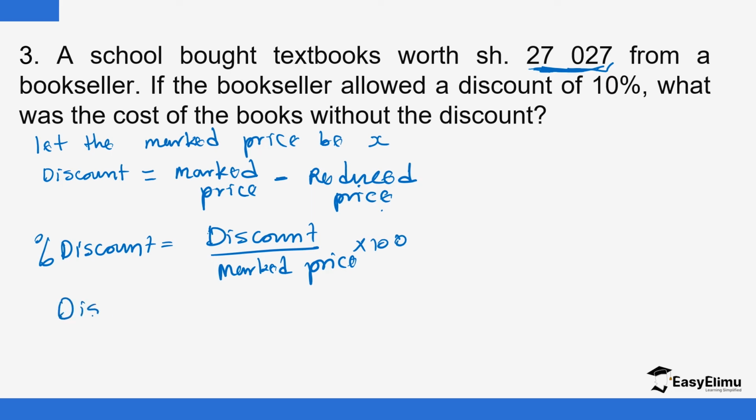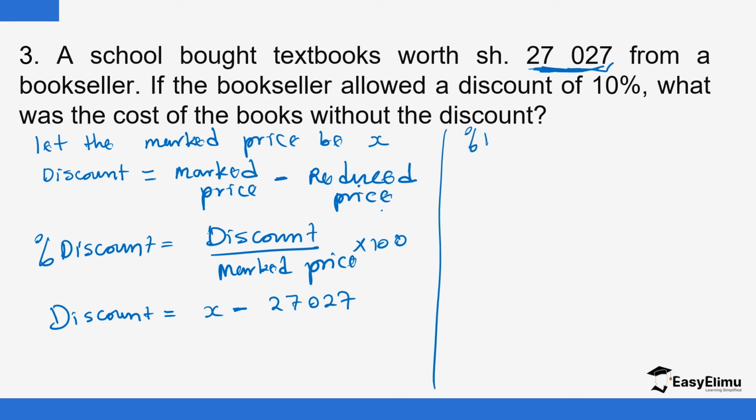So our discount here should be equal to the marked price, which is X, minus the reduced price, which is 27,027. Then we have now percentage discount.